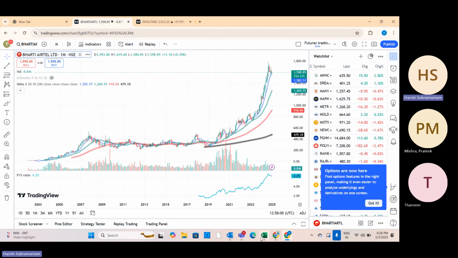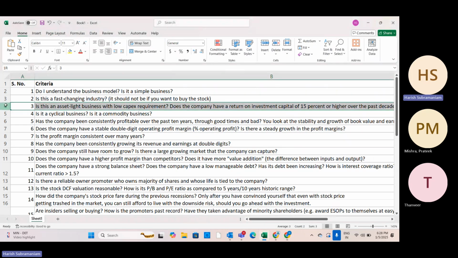So from that perspective, again, these are all just guidelines. It's not a hard and fast rule. It's generally safer to own an asset-light business which has low capex requirement. Capex is capital expenditure. They need to add new factories, new machinery, new towers in the case of mobile and so on. Okay. So any doubts so far in these three criteria?